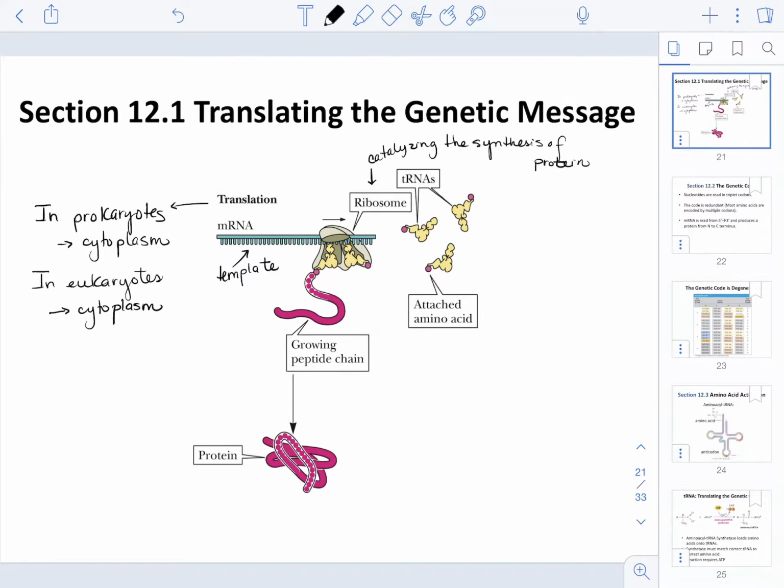We're going to have tRNAs bringing the amino acids, and all of those steps that we are going to be at least introducing are going to lead to formation of a polypeptide.